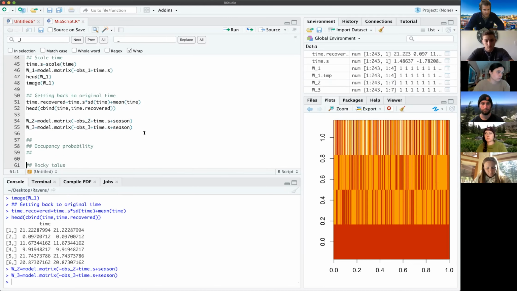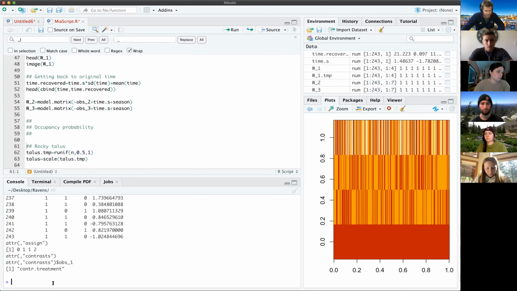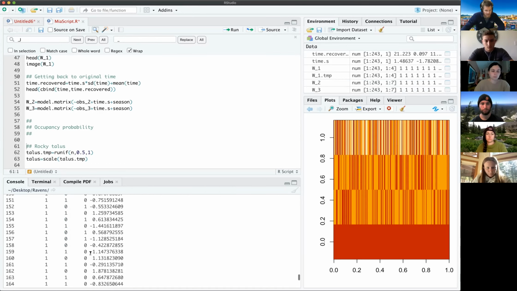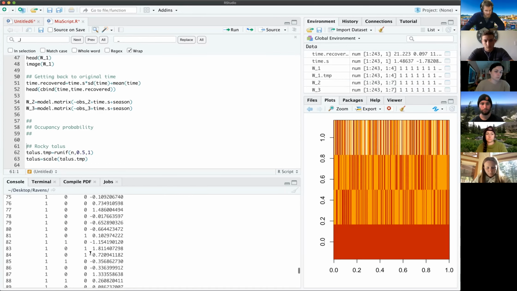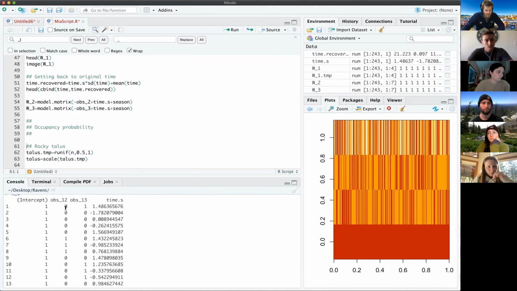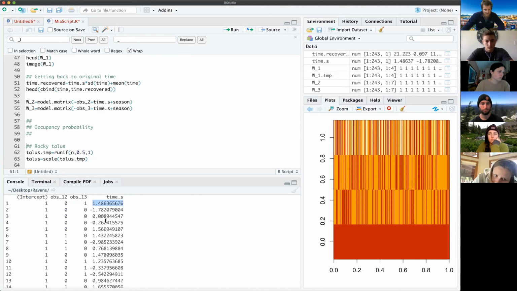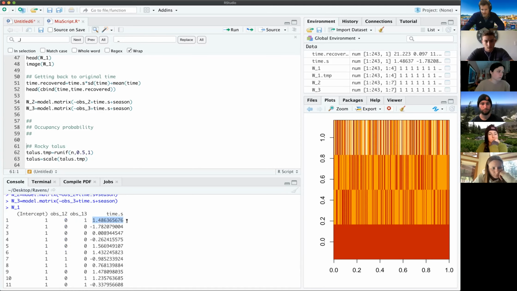So now we have our three design matrices for detection probability. We have our intercept, our indicator variables for who is actually observing at that site, and then the scaled time of day that the observation took place. And these are the same for each visit.